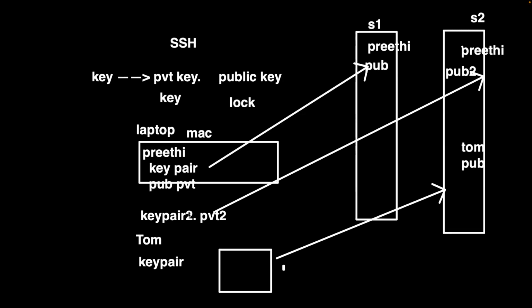Already it has got public key. So if I can share my Mac key to this, okay, that particular private key here, from here also I can connect, correct? Otherwise, you have to generate a separate key pair. Otherwise, you have the same key pair, you can connect, correct? That's why you should not share the private key with anyone. If anyone have the private key, even they can connect to the remote server.